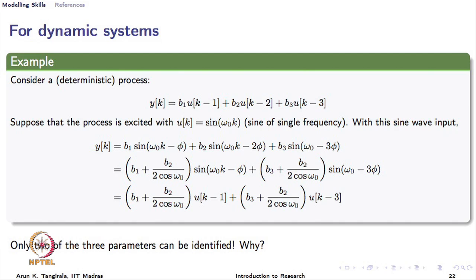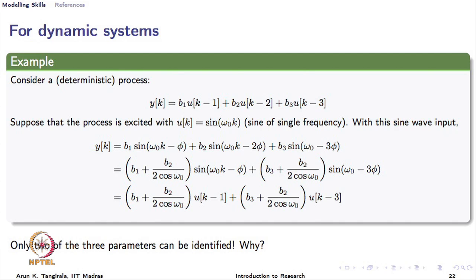On the other hand, if I have an input made up of sinusoids of 2 frequencies, then I have sufficient information. You can show that. It is very easy. Check for yourself: construct the big matrix U that I showed in the last slide, with the first row being u at k1-1, u at k1-2 and u at k1-3, and likewise at k2, k3, for the 2 different situations.